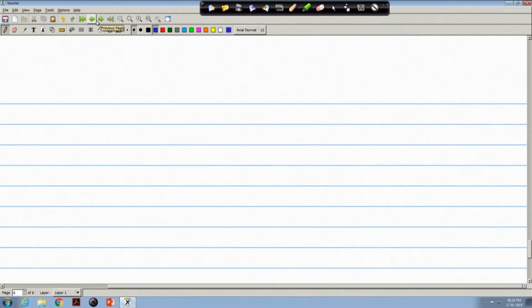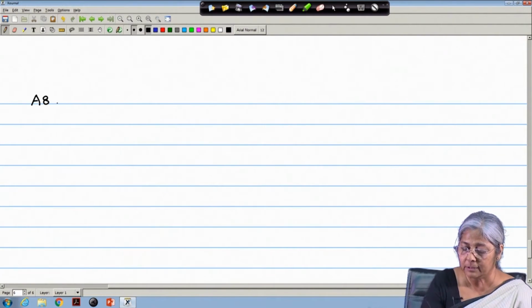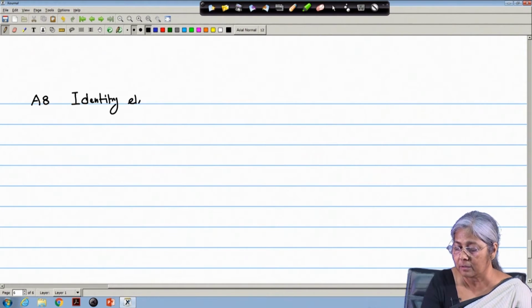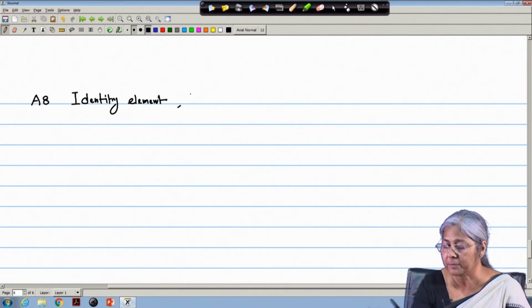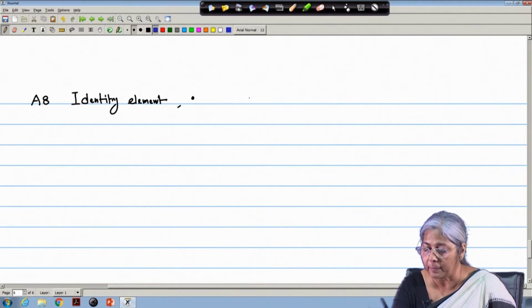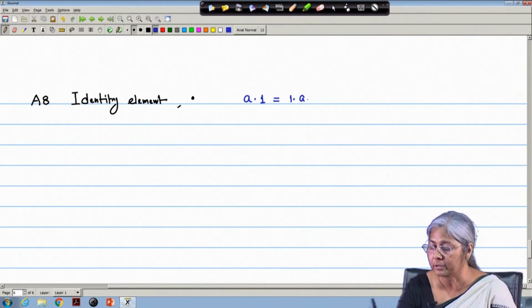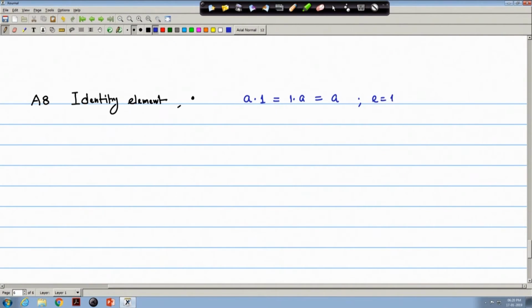Now, we write the property A8, the identity element with respect to dot. We know that 1 is the identity element, since A dot 1 is 1 dot A equal to A. So, 1 is the identity element.